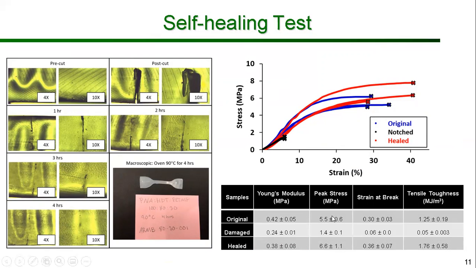But overall, if you look at the summary at the bottom, you can see that the original and the healed material all have a Young's modulus, a peak stress, a strain at break and a tensile toughness all within error of each other. And that goes to show that the healing process is occurring and the mechanical properties of the material before and after turn out to be the same.